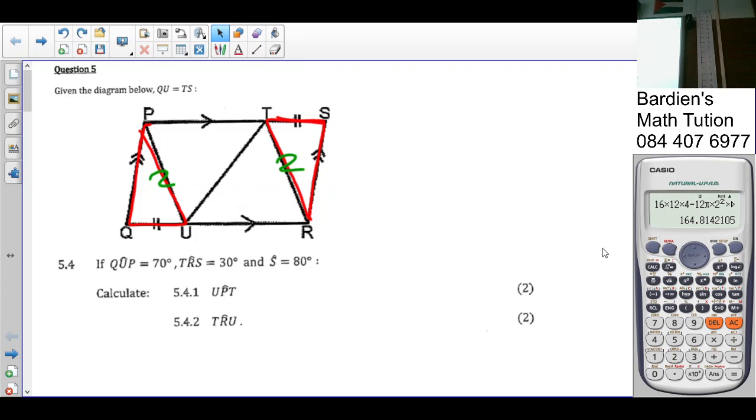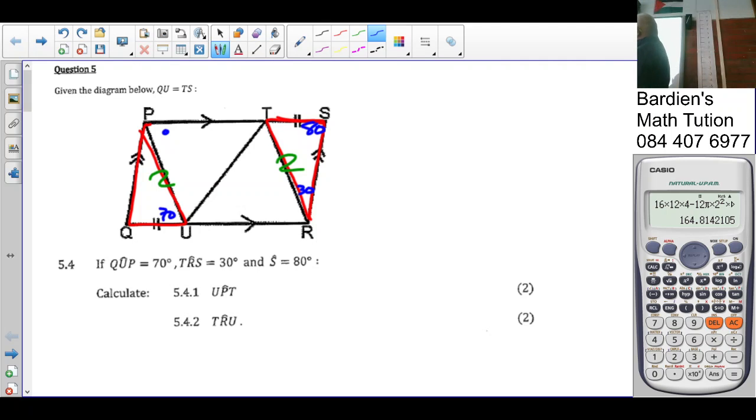So we are told that if angle QUP is 70 degrees and TRS is 30 degrees and angle S is 80 degrees, calculate UPT. Angle UPT. So in other words, that's the angle I want to calculate. So that's the easy one.